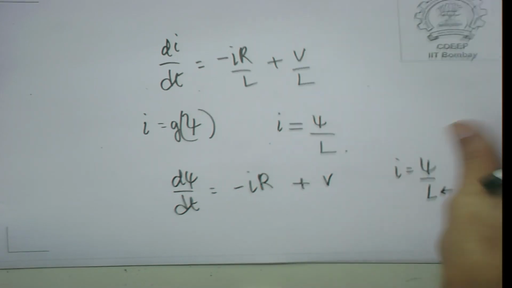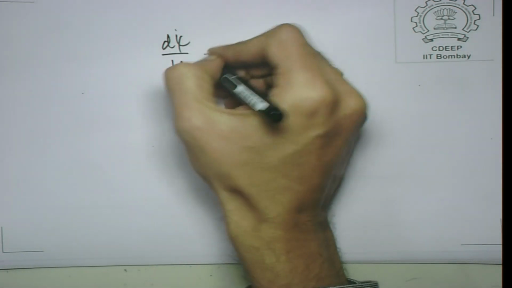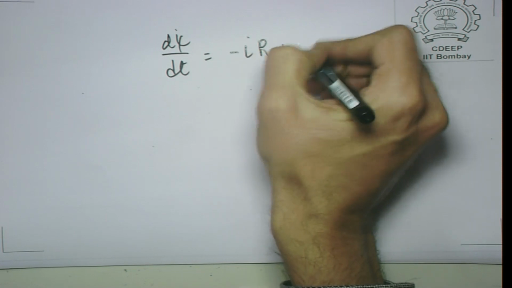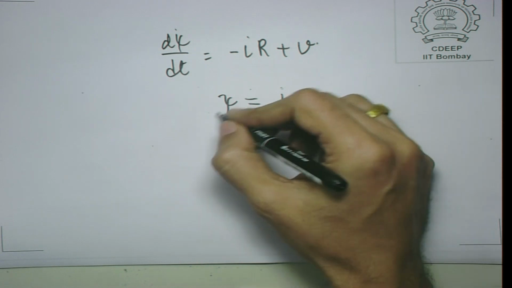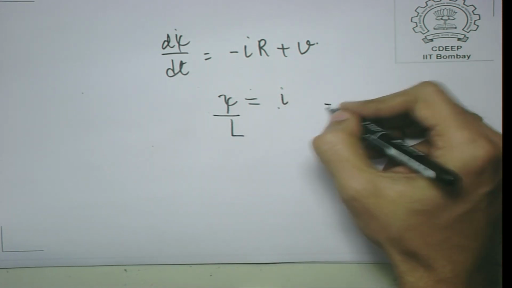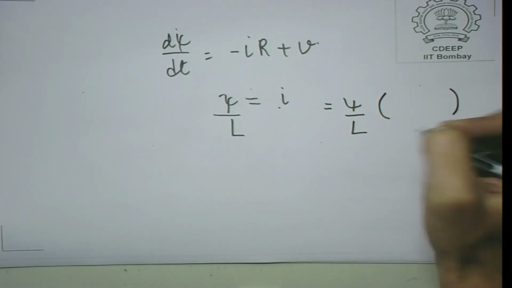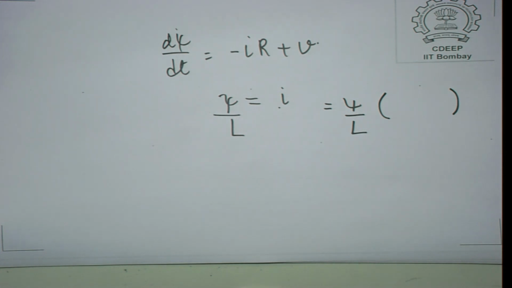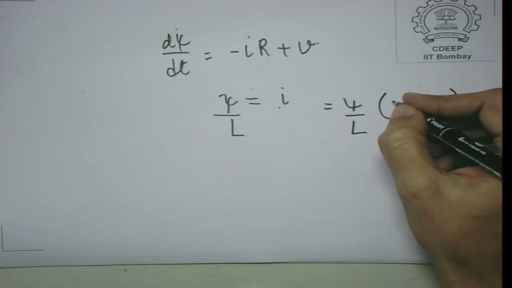So, I could, for example, say the equations are these, and I is not psi by L, but psi by L, where L is a constant, multiplied by some nonlinear function. What we can do is have a nonlinear function which matches the kind of characteristics we have.